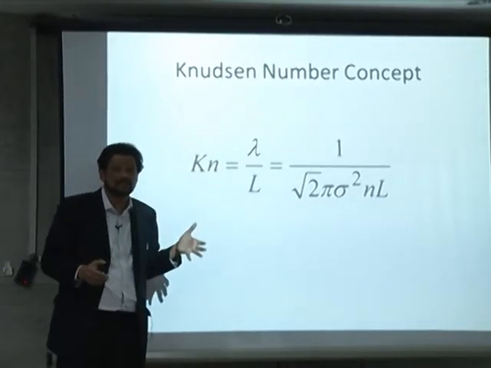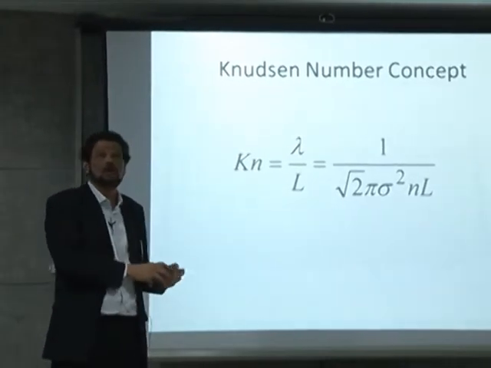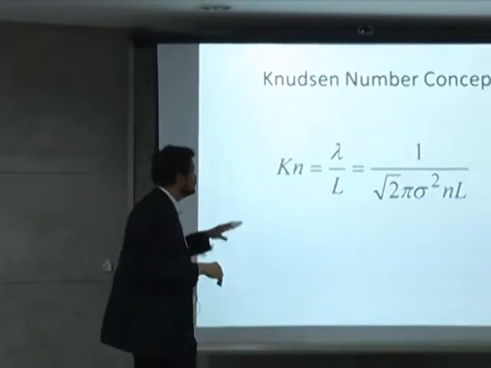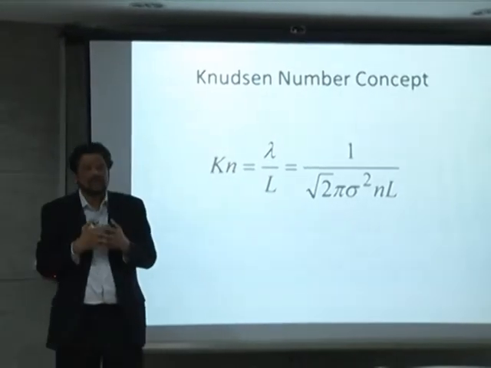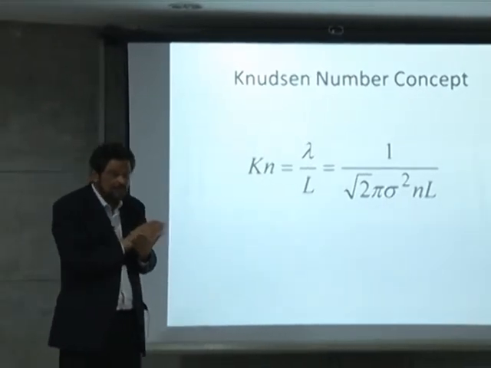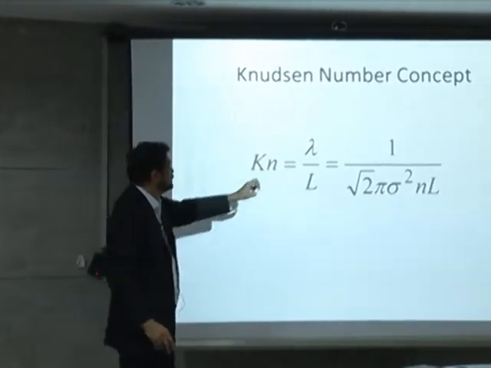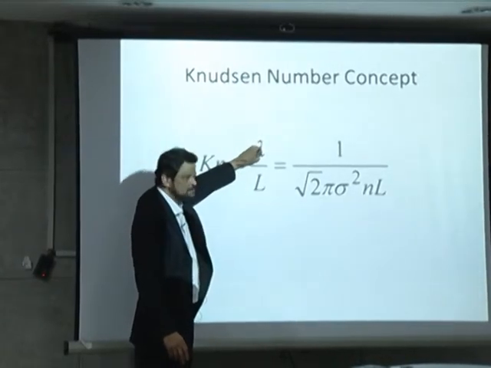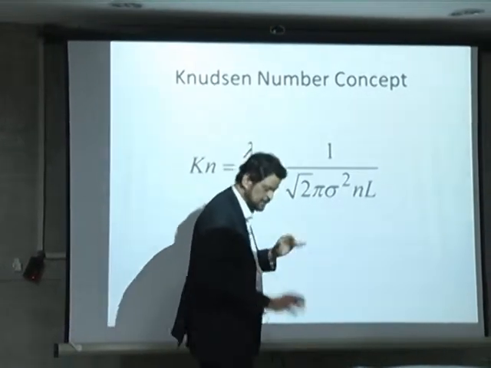Even if it is 0.1, the Knudsen number is still pretty high, because there are too many balls in this room. And so this Knudsen number is what controls whether you are going to use normal fluid mechanics, that is continuum fluid mechanics, versus discrete fluid mechanics. Discrete fluid mechanics is when this becomes comparable to this. Otherwise, this is very, very small, and that becomes different fluid mechanics. So that defines the two regions.